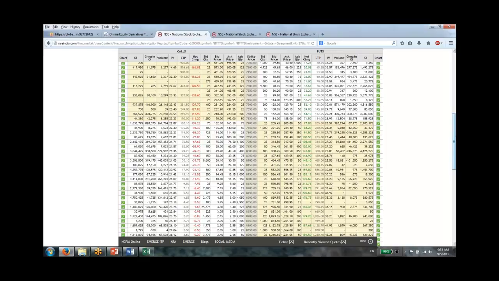So the call delta, which is the relationship between the call option and the share price, is positive, because an increase in the share price will lead to an increase in the call option price. However, the sign of the put delta is negative, because the relationship between the share price and the put option prices is inverse.